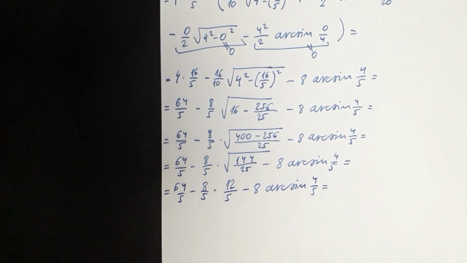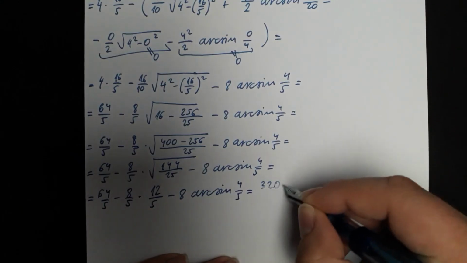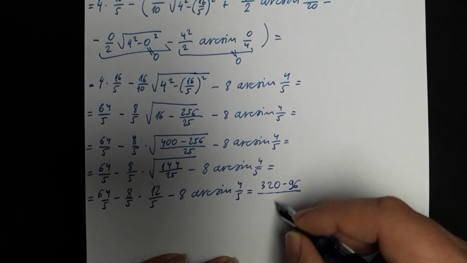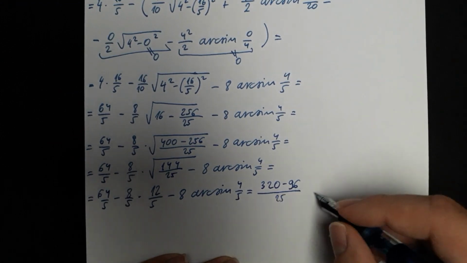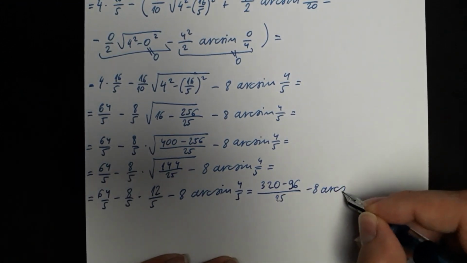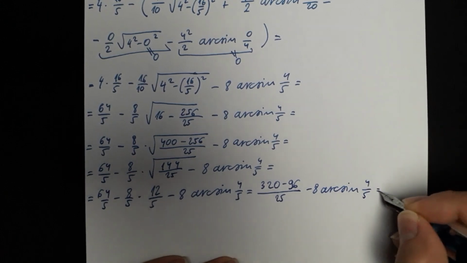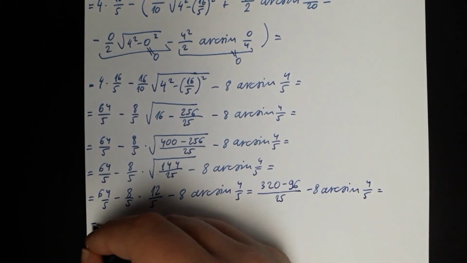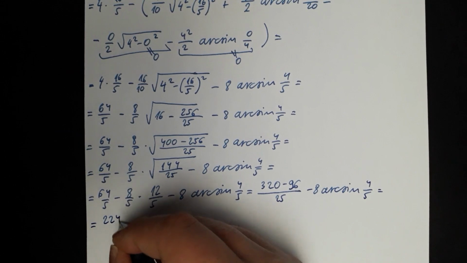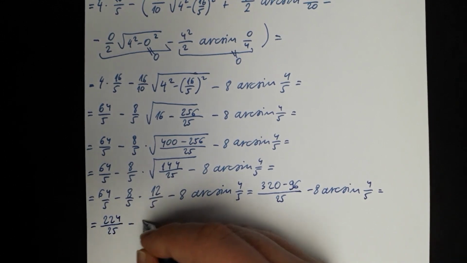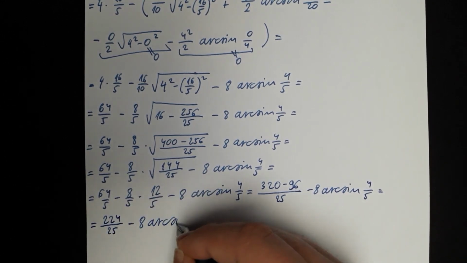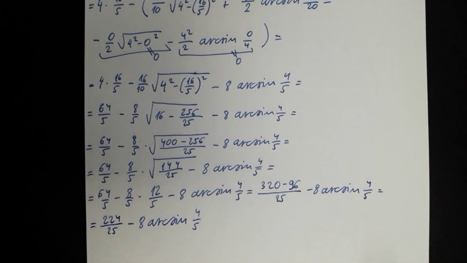which is then equal to 320 minus 96 over 25 minus 8 arcsine of 4 over 5, which is then equal to 224 over 25 minus 8 arcsine of 4 over 5.